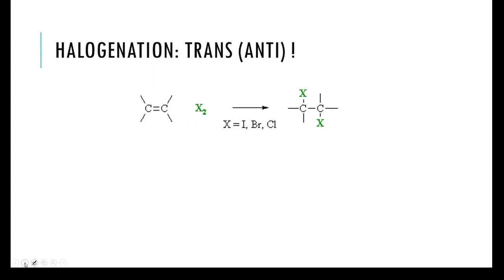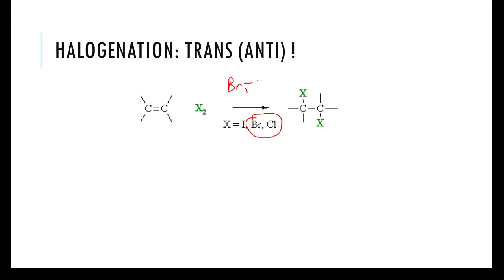All right. Halogenation. The addition of I2, Br2, or Cl2, and again, based on reaction times, we usually focus on Br2 and Cl2 being the reactions. Here's the deal with it. What's the difference between this compound right here and our alkyl halide?